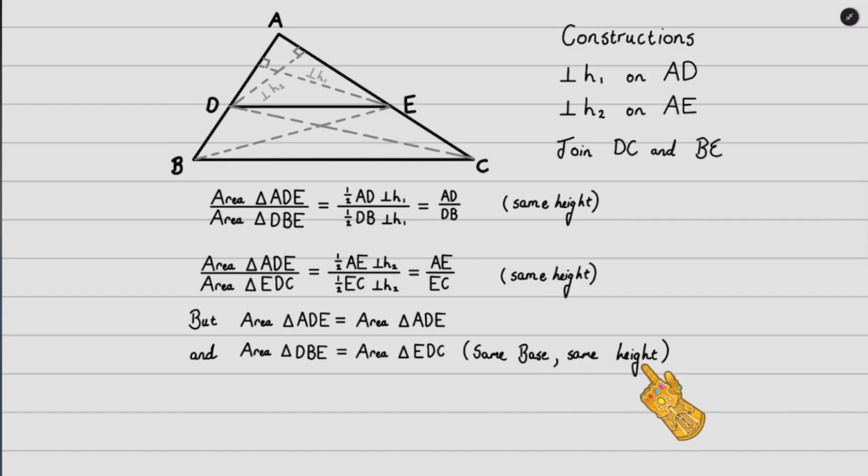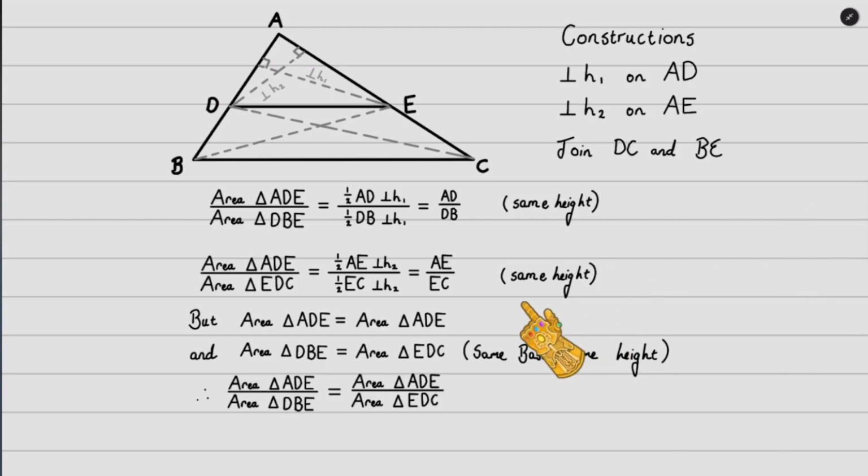Alright, once we've stated that, we're going to jump to this statement. We're going to say this ratio of areas is equal to this ratio of areas, just like this, because we proved that this is the same as that, as well as this is the same as that. And then we replace this with AE over EC, and we replace this with AD over DB.